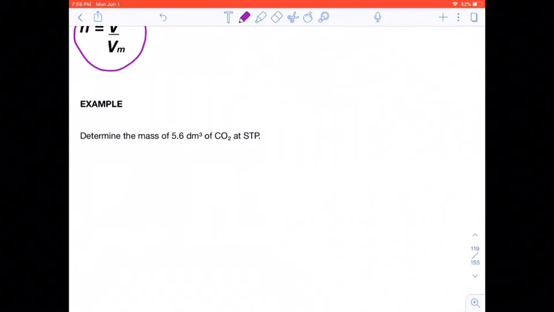Right, so if we have, for example, n, right, n is equal to V upon Vm, which is then equal to 5.6 dm³ all divided by 22.4 dm³ per mole.